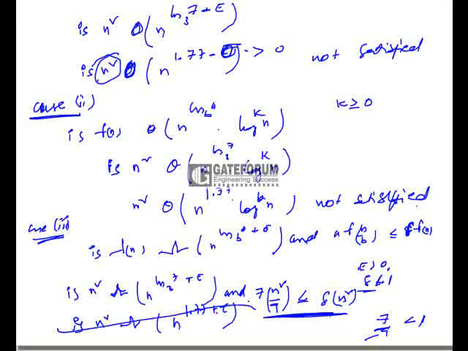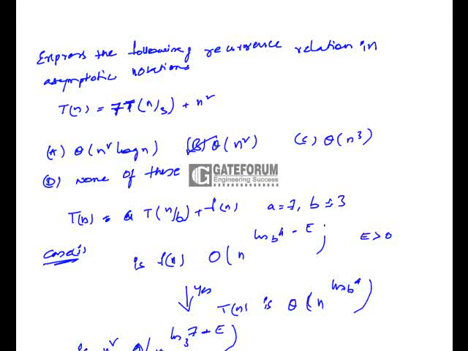So if these two conditions are satisfied, we can say T of n is theta of f of n. So theta of f of n is n square. So the given recurrence relation is theta of n square. Option B is the correct answer.